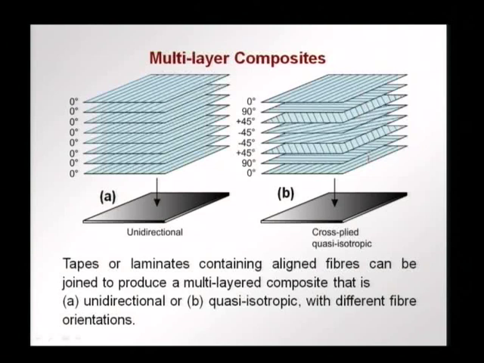So you can have a system of fiber layers making up a quasi isotropic system. Quasi isotropic because it is now having similar properties in all directions in the plane of the composite. Even though in each layer the properties are different, together when we make up the composite we have an isotropic behavior in the plane of the composite.